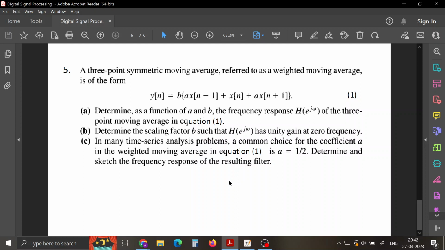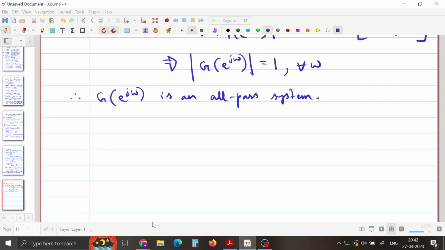This is an LCCDE, a linear constant coefficient difference equation. In Z transform also you solved equations like this. You took the Z transform on both sides and then found H of z, right? Similarly you need to find H of e power j omega, same thing. So let's do that quickly. I will go through it.